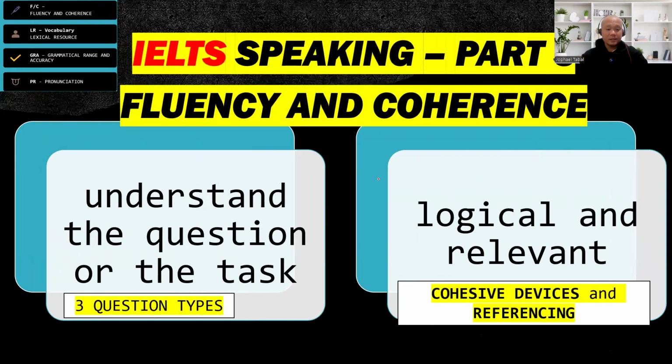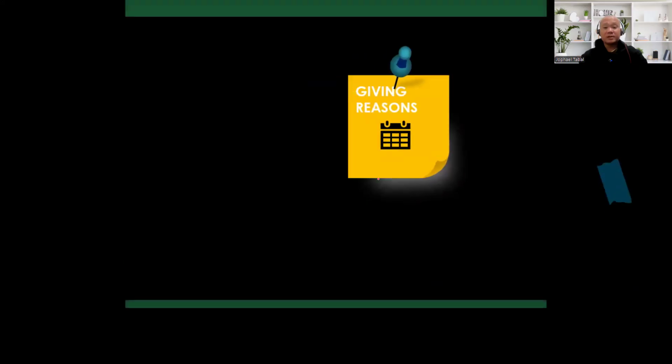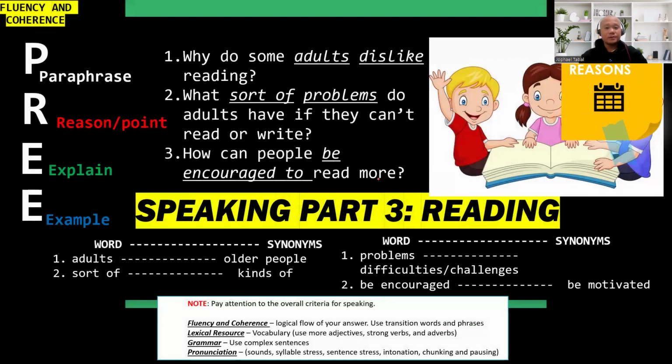Now let's check the type of question which is giving reasons. These are three example questions that ask the candidate to give reasons. For example, why do some adults dislike reading? What sort of problems do adults have if they can't read or write? And how can people be encouraged to read more?